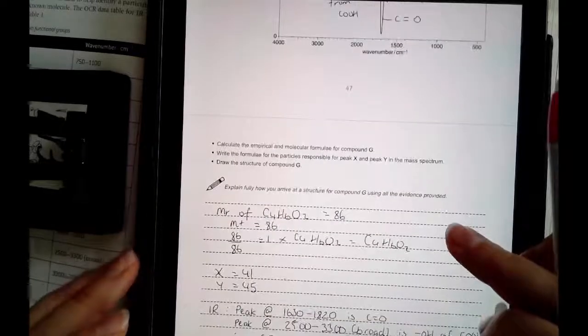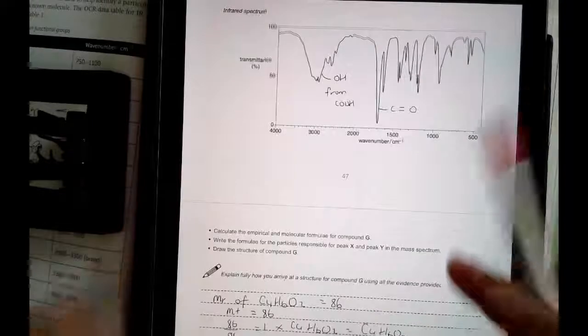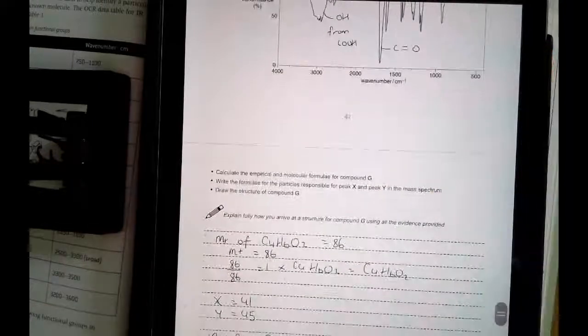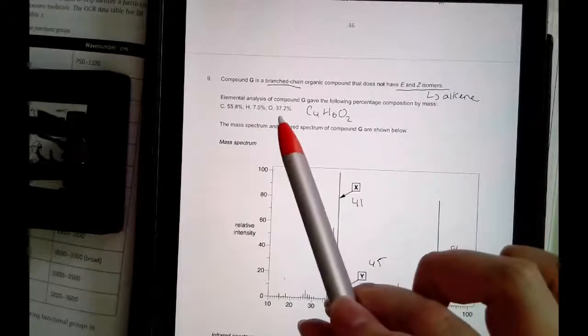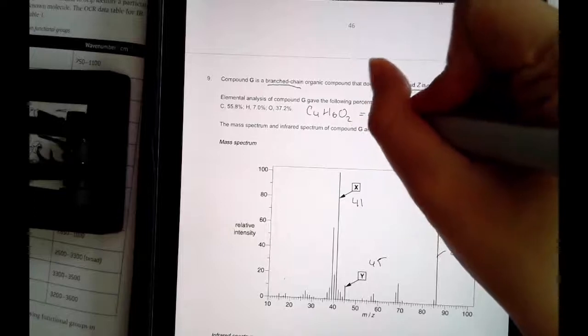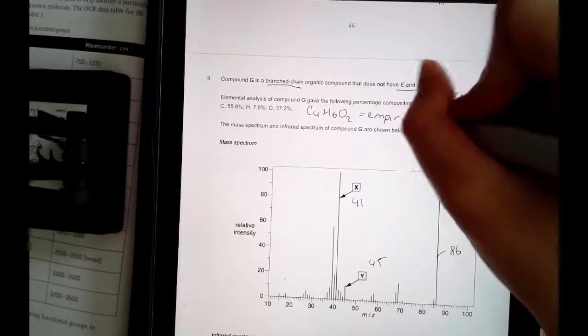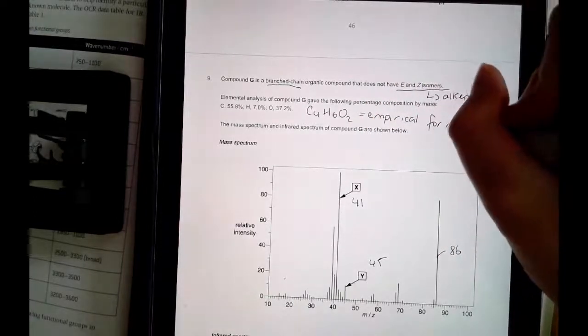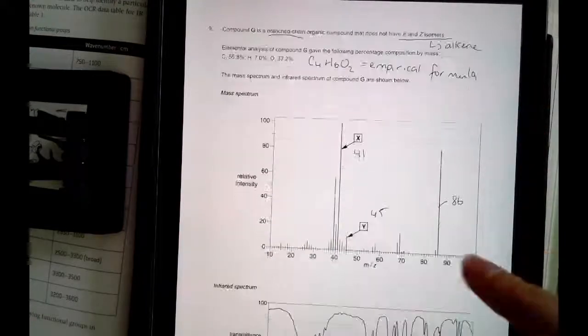So if I've written some of this out, okay, it asks you in the question to calculate the empirical and the molecular formula. So by doing the percentage composition data, this is the empirical formula, but then you have to show that the empirical formula and the molecular formula are the same, and you'll do that by using the data from the mass spectrum.